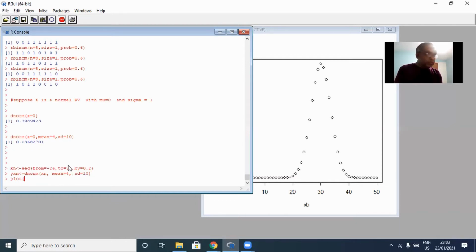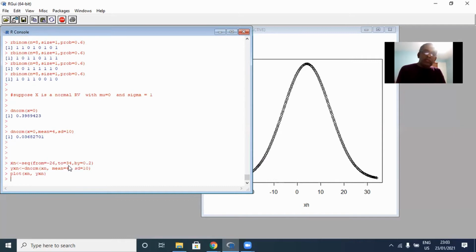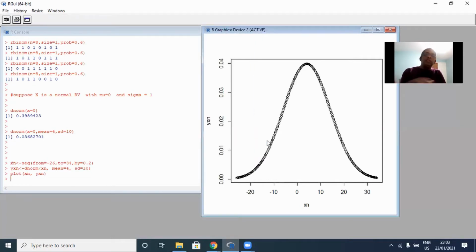Then if you say plot xn versus yn, this is what you get. As you can see, what you have here is the density of a normal distribution with mu equal to 4 and sigma equal to 10.